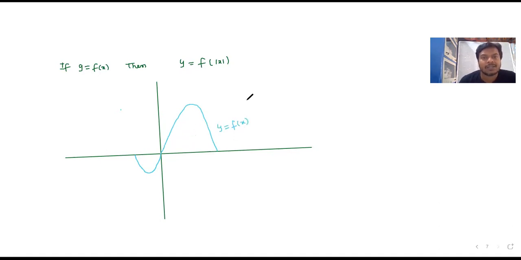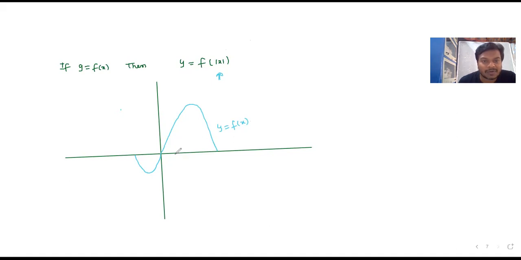Then to draw the graph of y equal to f of mod x, whatever the value of x, either positive or negative, it gives the same result. So the graph which exists for positive values of x, the same graph exists for all negative values of x. Why? Because you have modulus x here.